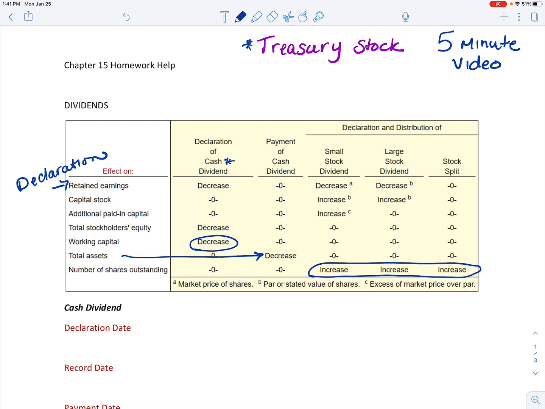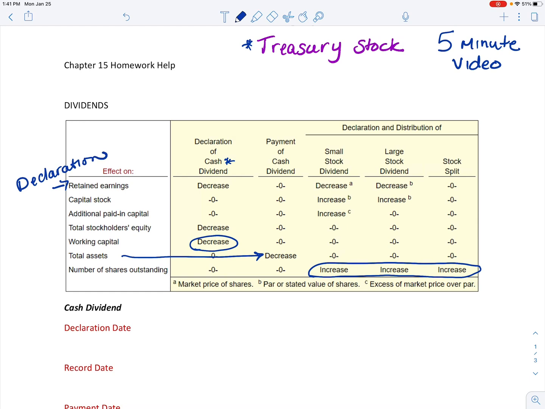And just as a reminder what working capital is, a basic definition of that is the difference between your current assets and your current liabilities. So it's showing you how liquid your company is. How quickly can you pay those bills and things like that.